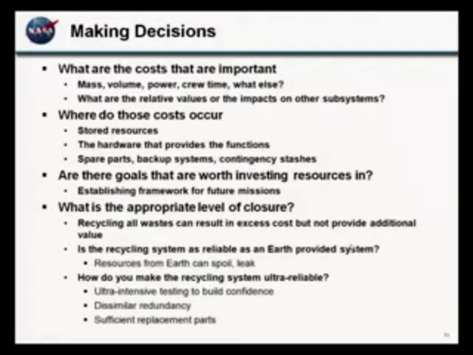Where do those costs occur? Okay, so I didn't specifically use the word break-even analysis, Bob, but you have to compare the cost of sending the resource to the cost of sending the hardware to generate the resource. Sending the resource is usually a linear function with time, right? The longer I'm out there, the more of it I need.